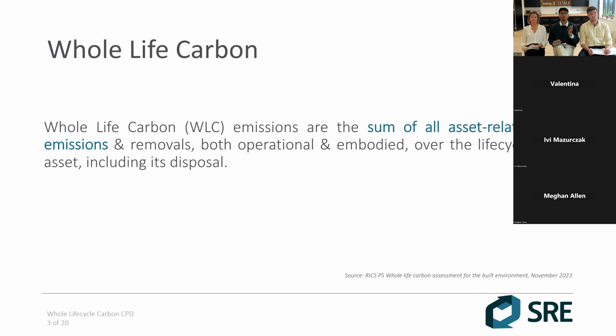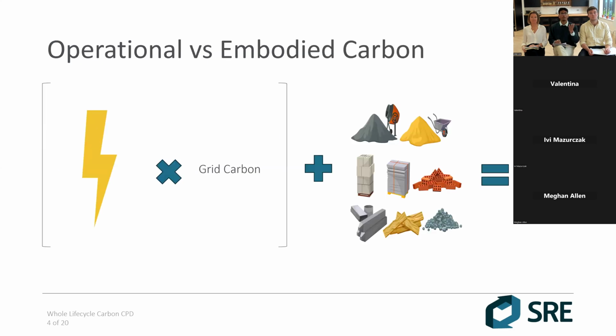Focusing on the two big elements that make up the whole life carbon, first is operational carbon. Operational carbon relates to the carbon emissions associated with the energy used to run the building. These are projected to be reduced over the next few years due to the constant effort of decarbonizing the grid by renewable sources of energy, and this in turn drives the grid carbon down.